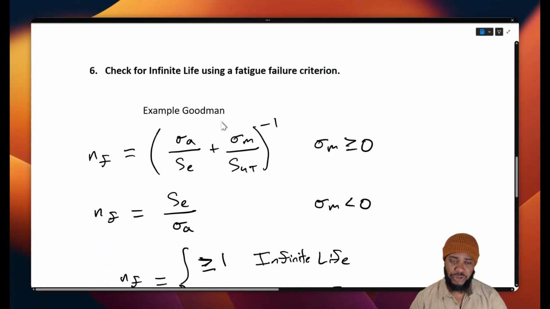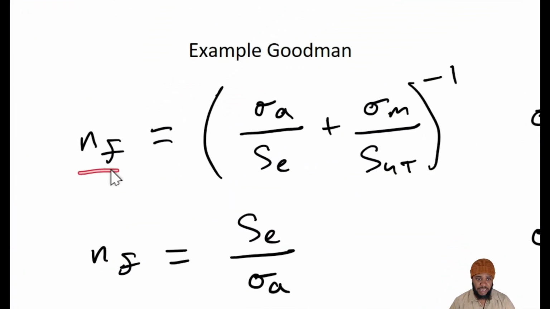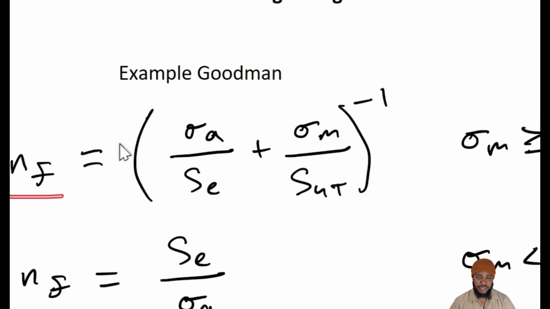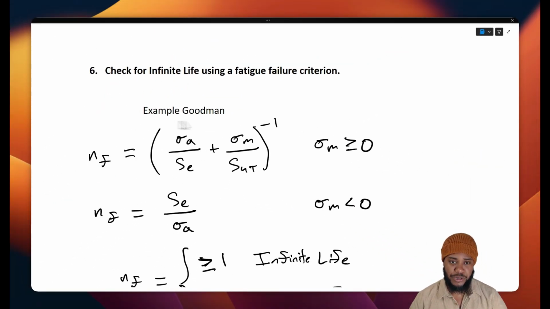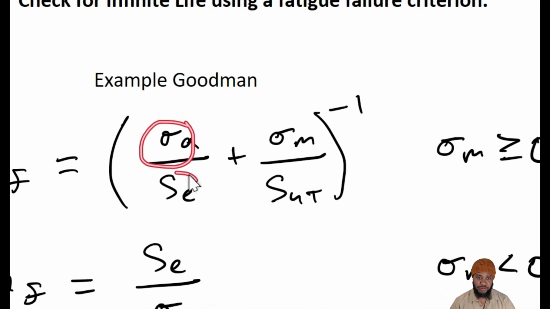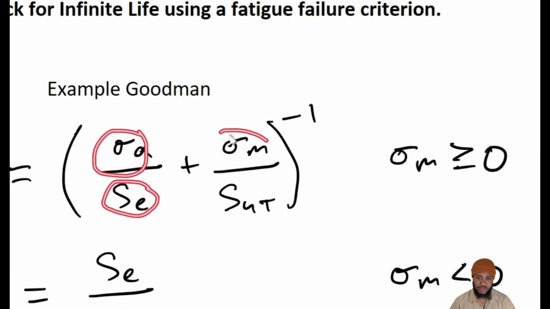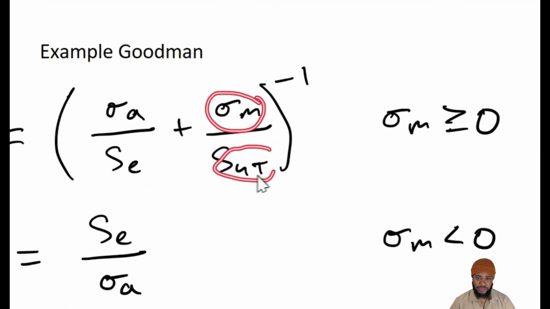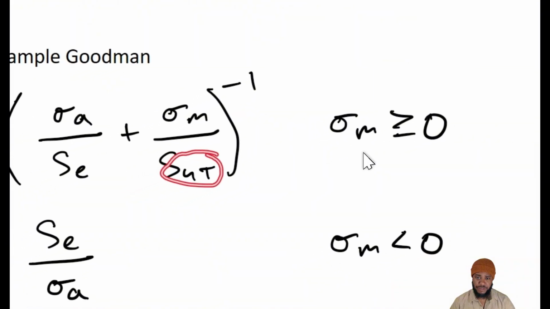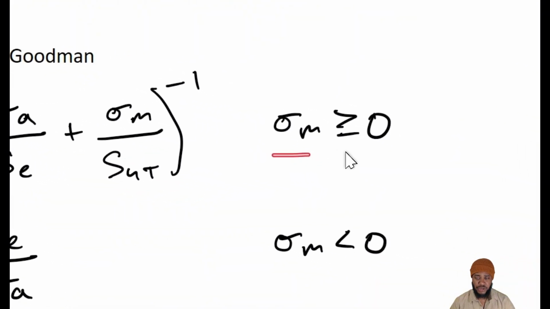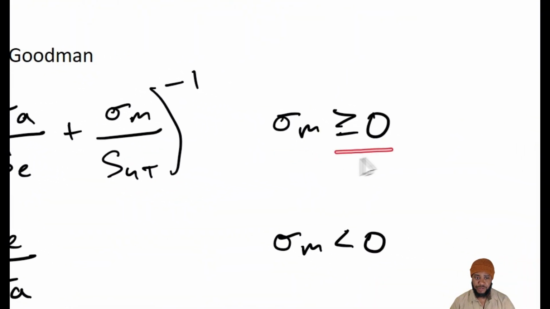Goodman's equation is a linear equation where the safety factor for infinite life is equal to 1 over the stress amplitude divided by the endurance limit plus the mean stress divided by the ultimate tensile strength. And this is the case when mean stresses are greater than 0.